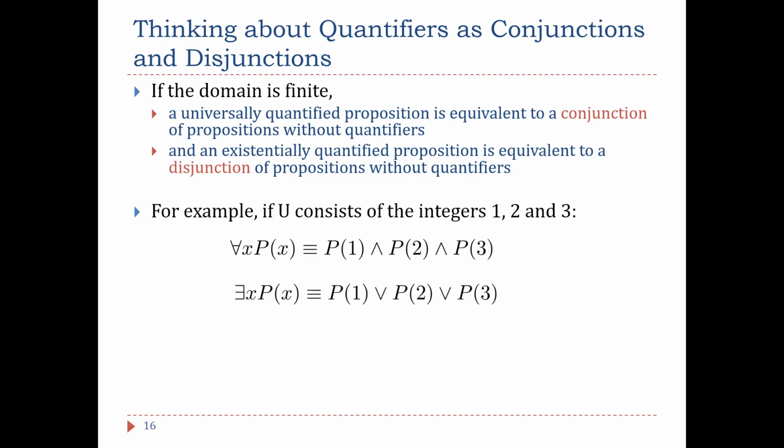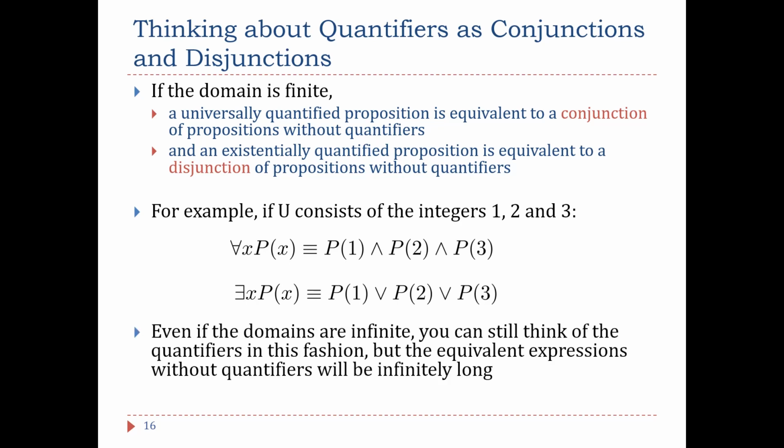The for every and the exists are dual, and this is why they work dually with the negation. If you are sure that some element x has the property P of x, then you are sure that P of x1 or P of x2 or so on has that property. Even if the domains are infinite, you can still think of the quantifiers in this fashion.